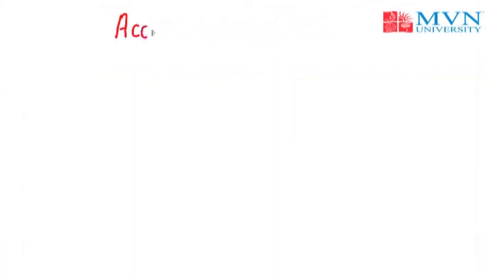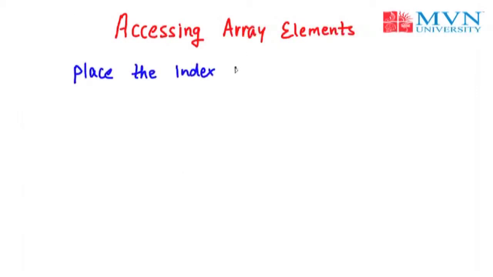Next we will discuss how we can access the array elements. An element is accessed by indexing the array name. This is done by placing the index of an element within square brackets after the name of the array.